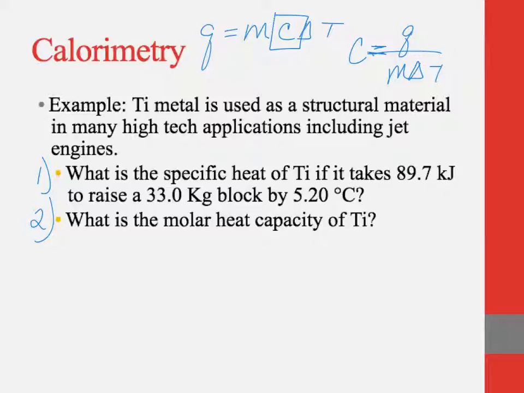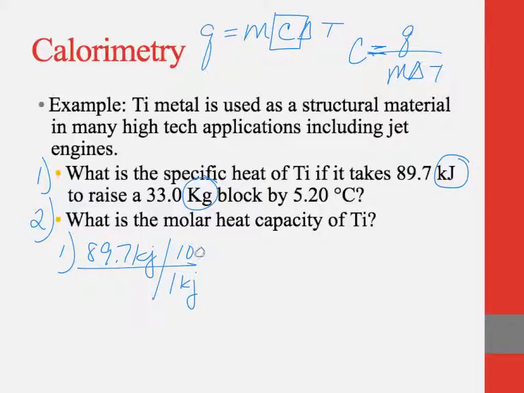Another thing I notice is that C is usually reported in joules per gram per degree Celsius, and I've got units in kilojoules and kilograms, so I have to make some adjustments. I've got 89.7 kilojoules, and we know that 1 kilojoule is 1,000 joules, so that gives me 89,700 joules.